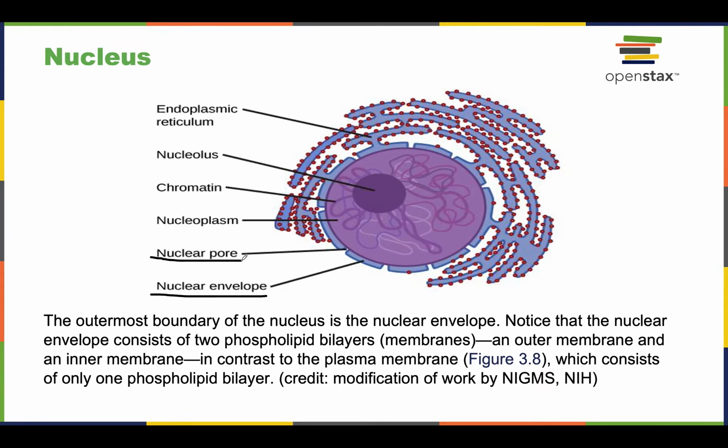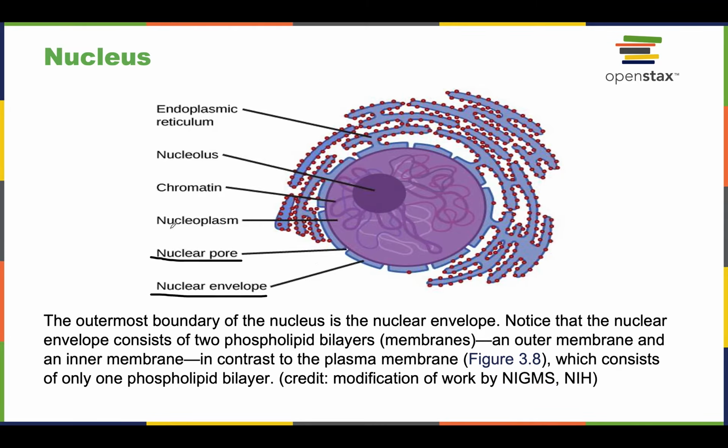This nuclear pore performs a very important function for talk between the nucleus and the rest of the cell. So the nuclear pore very tightly controls what goes in and out. There are actually specific signals that determine what can go in and out. So it's not like this is open and anything just leaks out and in.